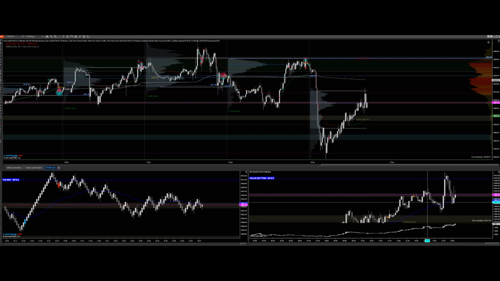I do believe this is a pullback that will lead up to continuation on the higher side.